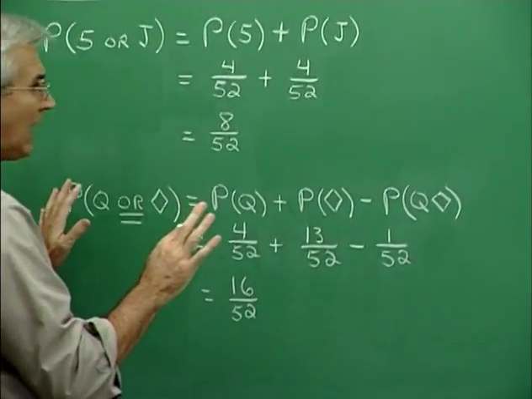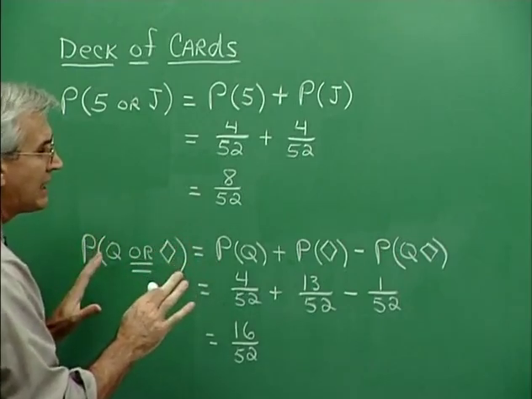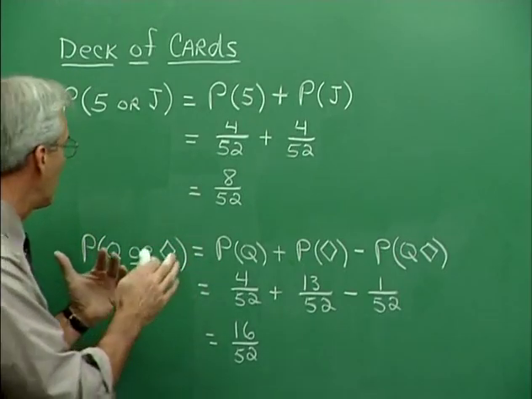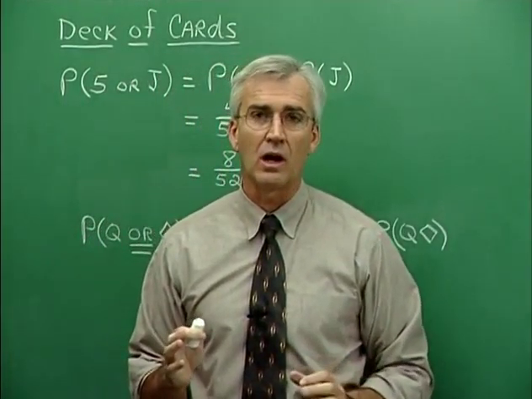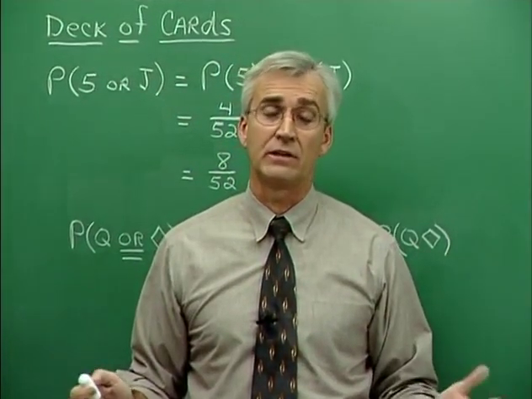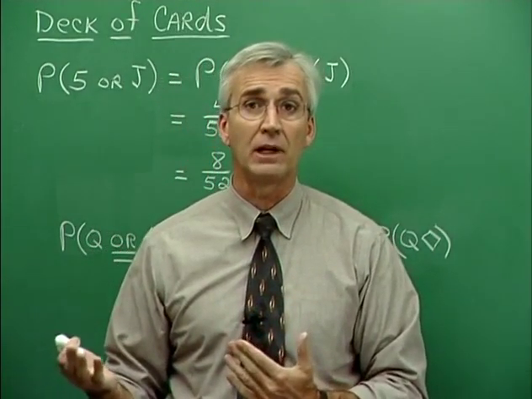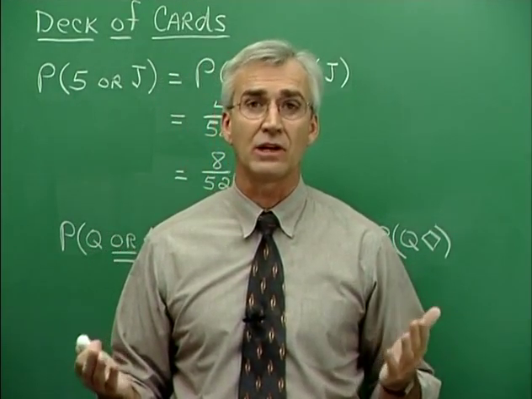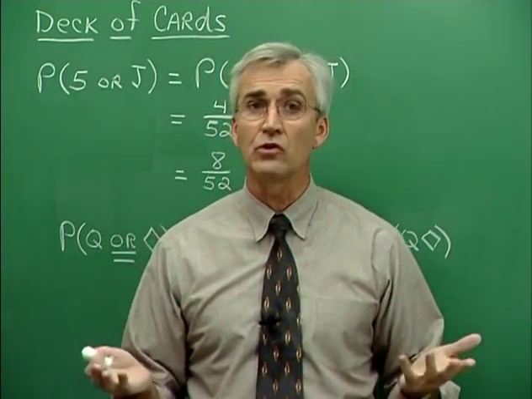Okay. Now, we can extend the idea of adding probabilities when we use the word or by saying that in all cases, let's just add separate probabilities and subtract the probability that they both happen at the same time. Then we don't have to worry about whether or not the events are mutually exclusive.